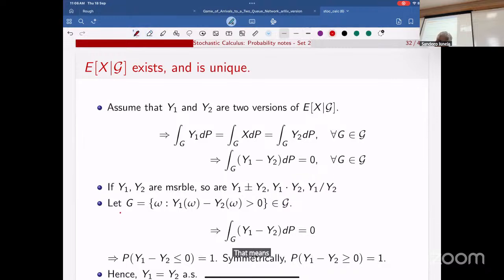That means that the set of omega where Y1 is bigger than Y2 is also in my sigma algebra G. So even this property is true. On this set the function is positive, but the integral is 0. So the set must have probability 0. That's what you expect to be true.